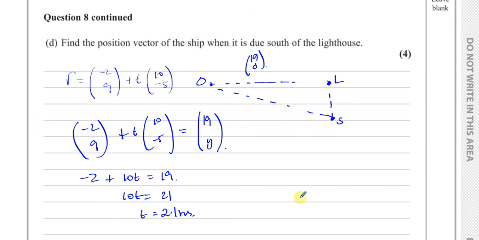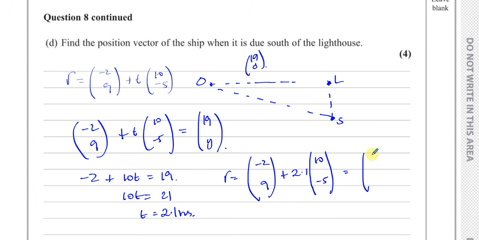Take 2. Now to find the y component of this vector, we can substitute t equals 2.1 into this, and we're left with r equals negative 2, 9 plus 2.1 times the velocity vector 10, minus 5.